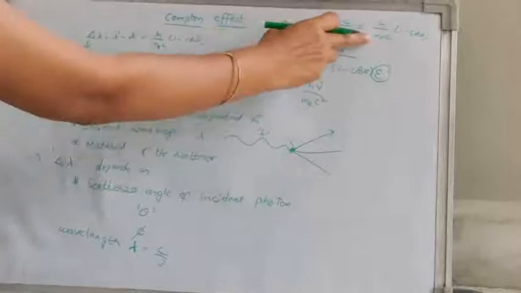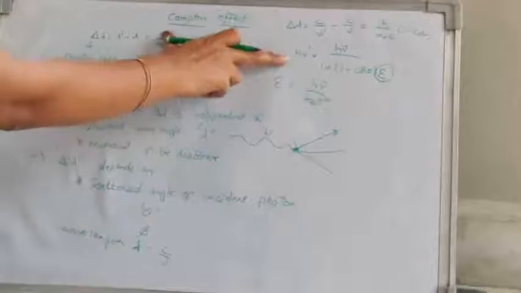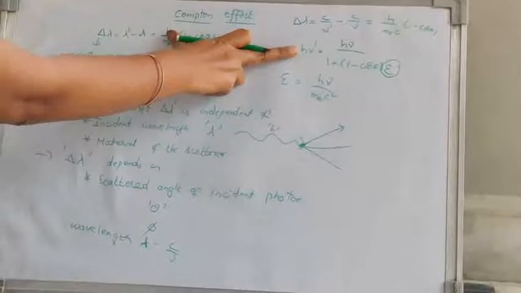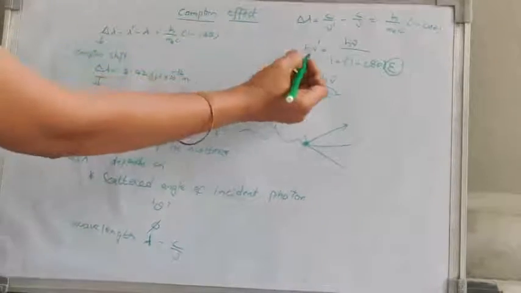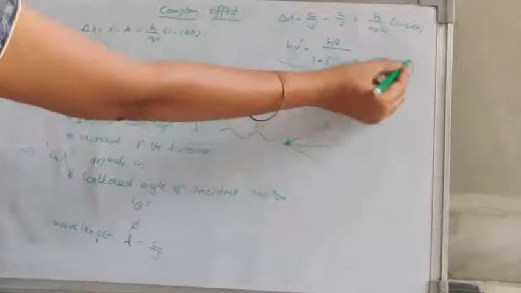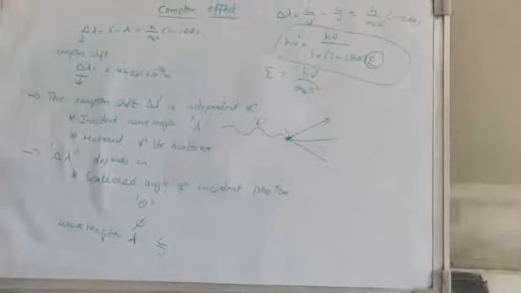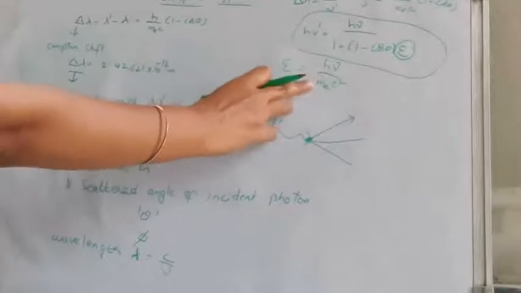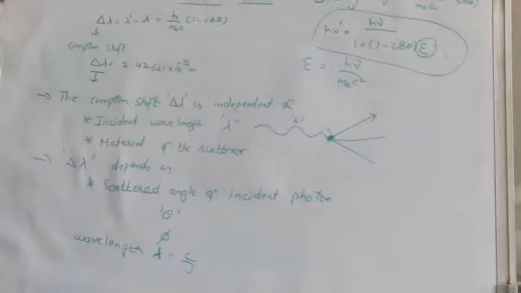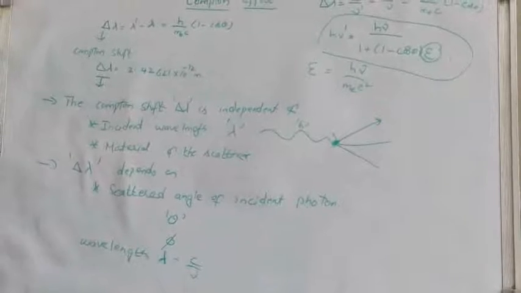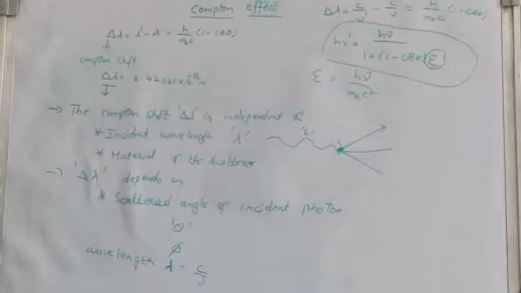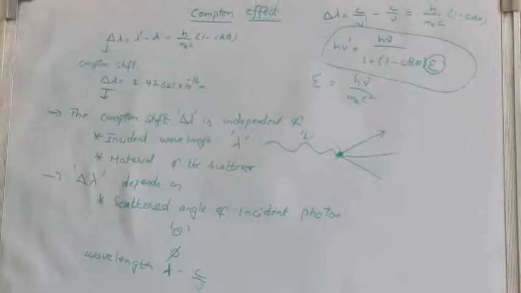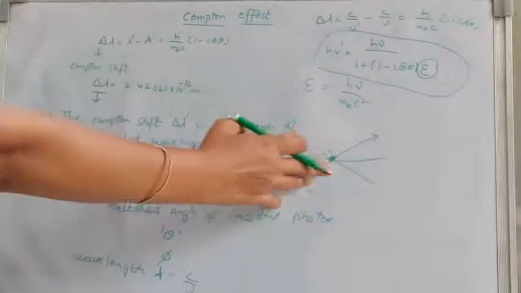So after simplifying this expression, we will get the energy of the scattered photon, h nu dash is equal to h nu by 1 plus 1 minus cos theta into epsilon. What does epsilon represent again? h nu by m e c square. Now, depending upon the incident photon energy, we are going to calculate the kinetic energy of the scattered photon.